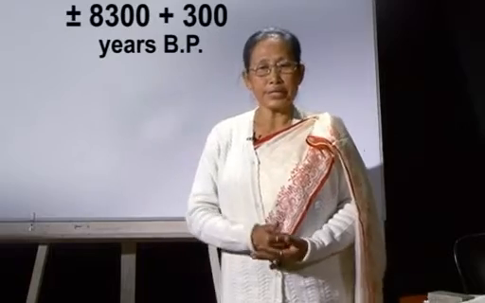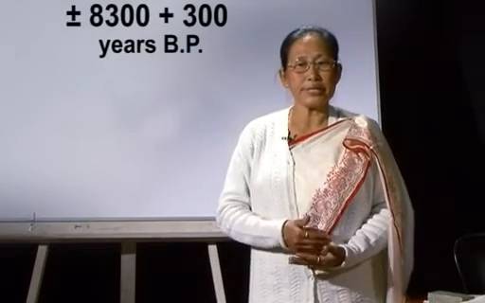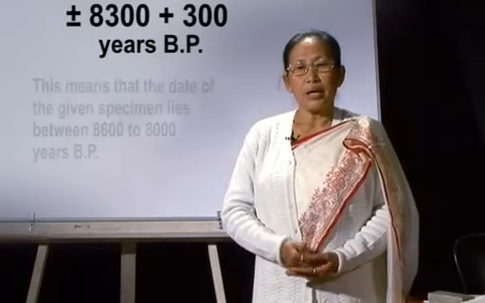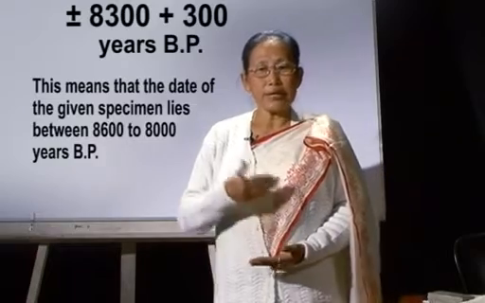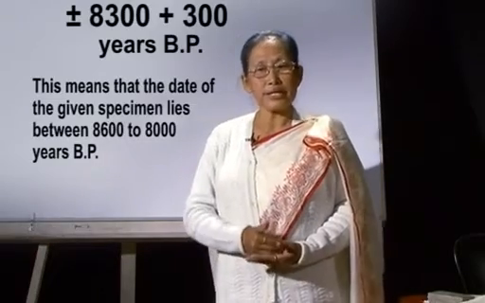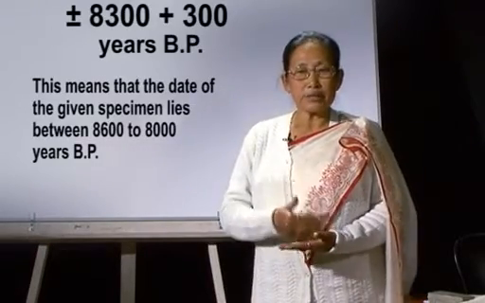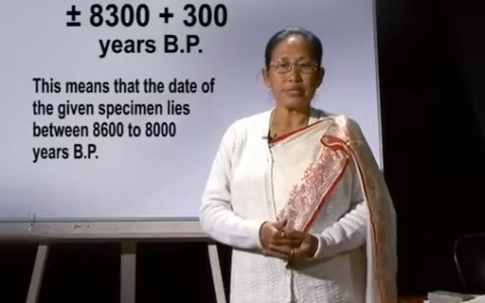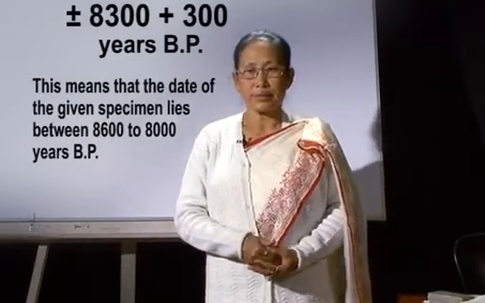Thus, a typical C14 date might read 8300 plus or minus 300 years BP. This means that the date of the given specimen lies between 8600 to 8000 years before present.